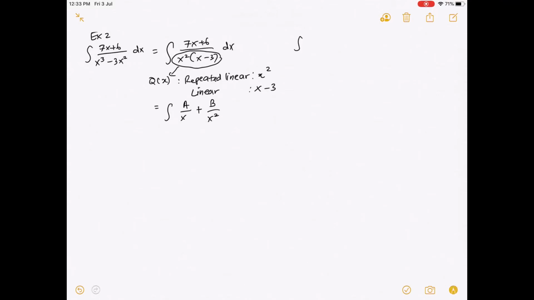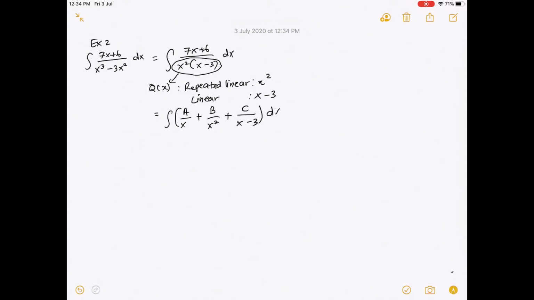For example, if I have 1 over (x plus 1) to the power of 3, the partial fraction will be A over (x plus 1), plus B over (x plus 1) to the power of 2, plus C over (x plus 1) to the power of 3. Repeat until the degree is done. Okay, so come back to this one. I will have C over x minus 3.